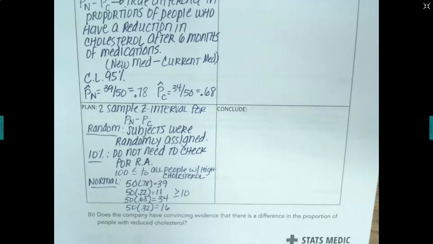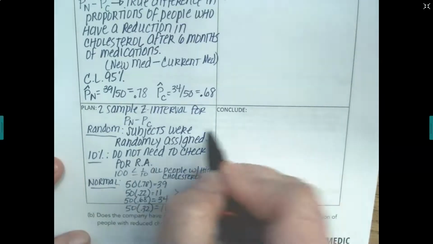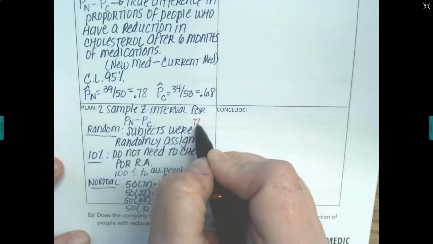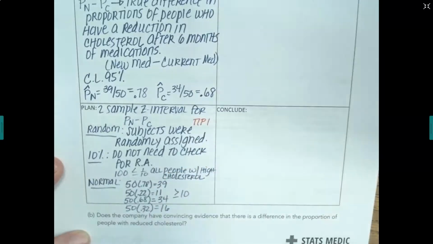Now, before we leave this check our conditions, I want to go back here to our random. This is going to be our first AP tip of the video: you need to indicate whether there's random assignment or random sample.